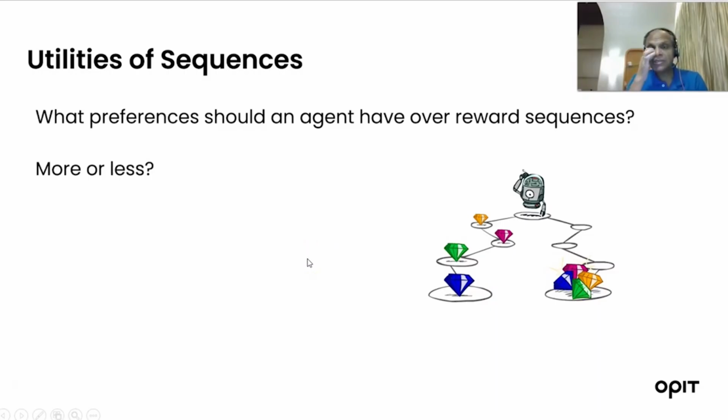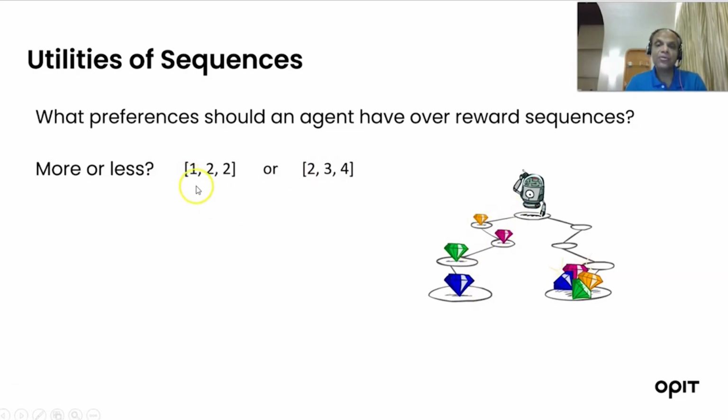So the agent definitely faces choices here, or it has to make decisions. Does it want more upfront, or does it want less upfront and then a large reward at the end? Suppose it's 3 steps, like 3 actions.